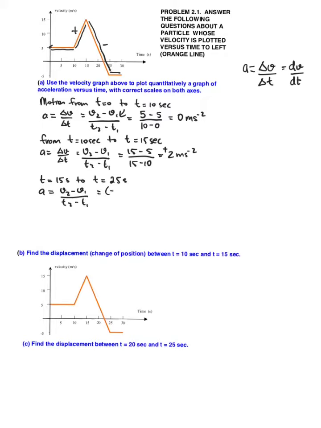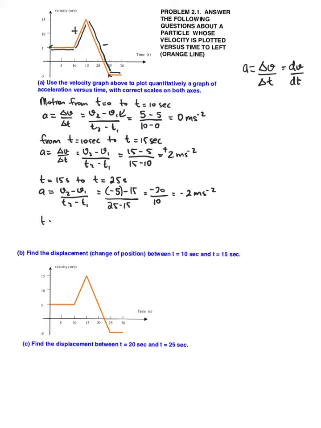And we get negative 5, sorry, just backtrack, because we end up at negative 5 here. And we were initially at 15, so minus 15. And the time is 25 minus 15. That comes out to be negative 20 over 10, negative 2 meters per second squared. So we get a negative answer, so we're consistent with what the graph looks like.